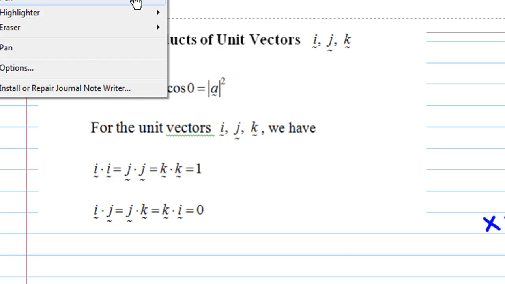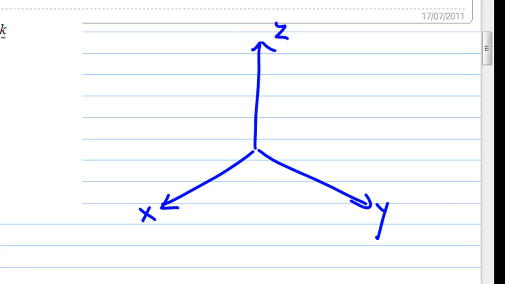Now the unit vector i is a vector of length 1 parallel to the x-axis, and unit vector j is a vector of length 1 parallel to the y-axis, and the unit vector k is a vector of length 1 parallel to the z-axis.